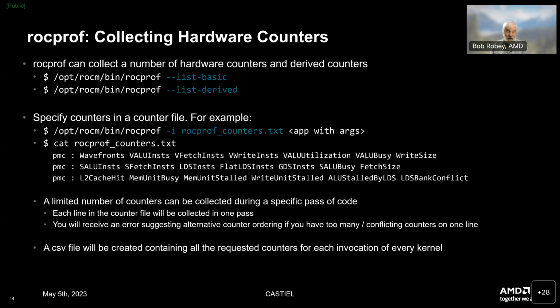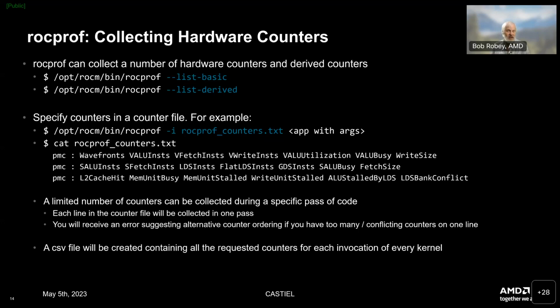So in our example that we have in the tutorial, it makes 3 passes of the code to collect the requested counters. And if you have too many or conflicting, you'll get an error. So you can experiment with how many you can do.